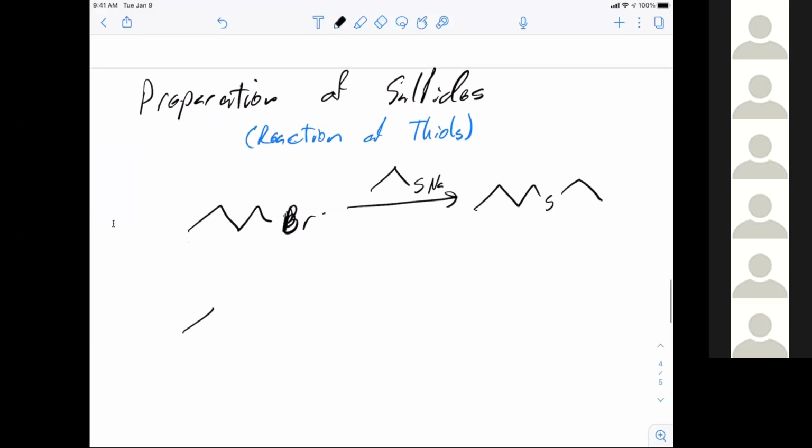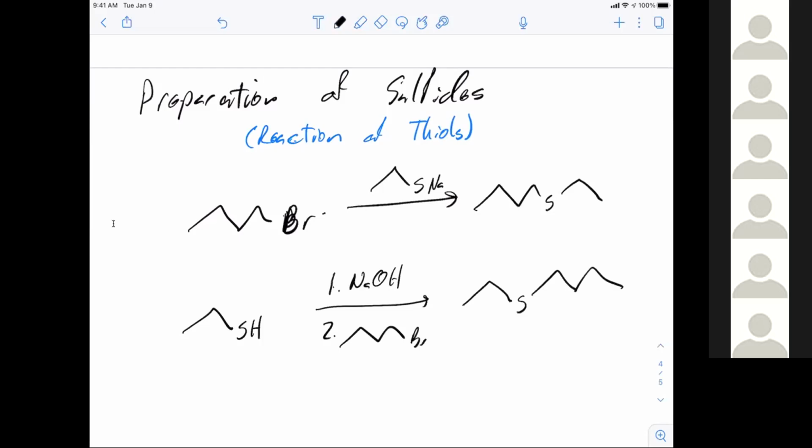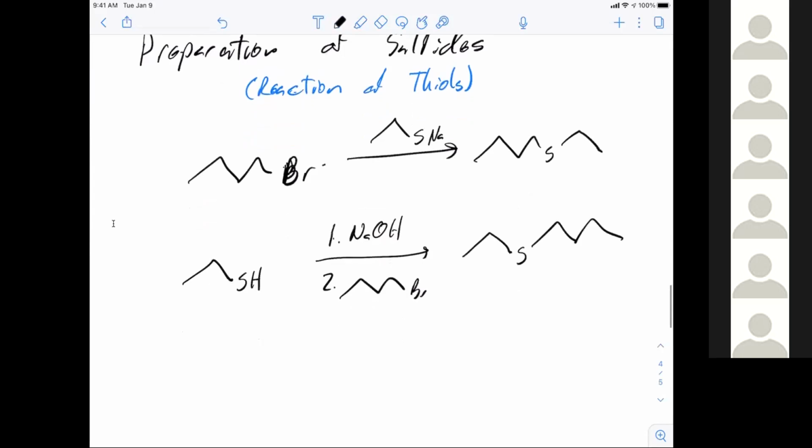Sometimes this will be drawn the other way. You'll see this reacted with the sodium hydroxide, followed by the electrophilic group. And in this case, I use the same two groups, so you end up with the same group. So reaction of thiols can be used to make sulfides.